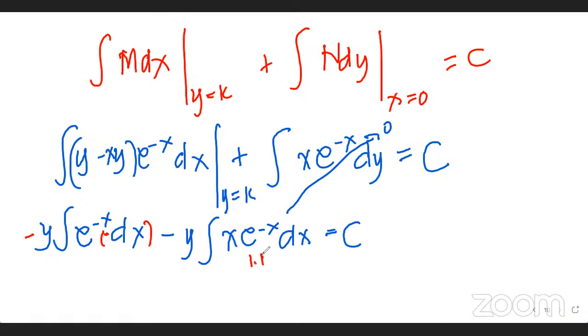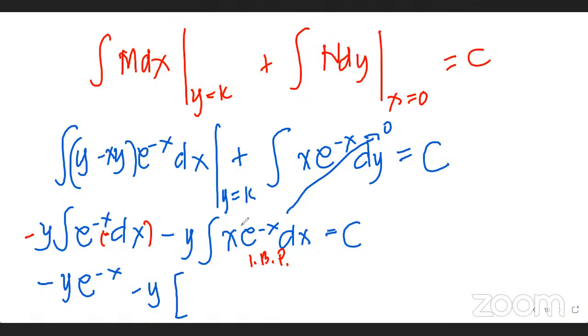You can utilize the tabular method since algebraic times exponential siya. So unahin muna natin yung first term. So this will become negative y e raised to negative x ang sagot natin dito.